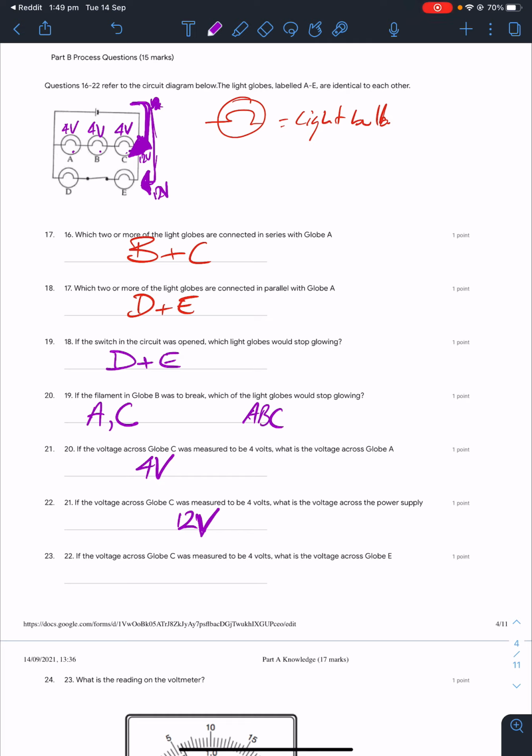If the voltage across globe C was 4 volts, what is the voltage across globe E? Okay, as I just said, each path gets their 12 volts. Each path gets the full voltage. So this path here gets 12 volts and it's shared between 2 equally. So that means each globe gets 6 volts. So globe E gets 6 volts. Okay, hopefully you put your units in there.